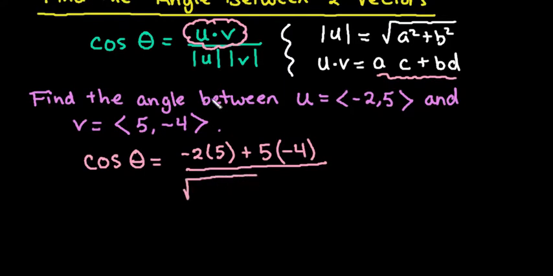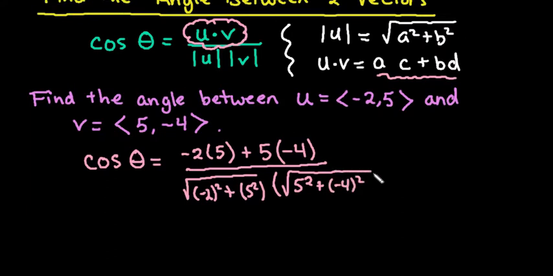So I would take the square root of -2 squared plus 5 squared times the square root of 5 squared plus -4 squared. So when you enter this into your calculator, you would have to enter it in exactly as this.